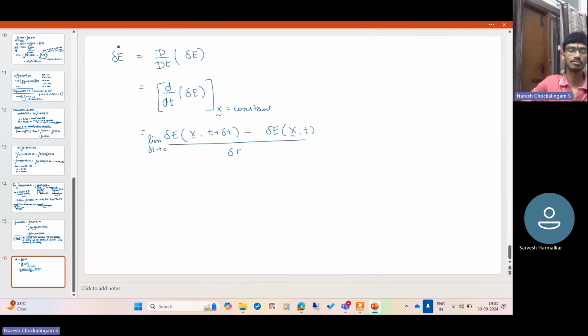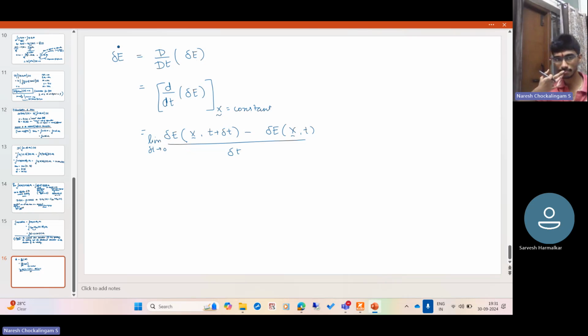This is the definition of the material time derivative. In the process you're just keeping x fixed. Our objective is to show that this is nothing but the directional derivative of E in the direction of the velocity field.